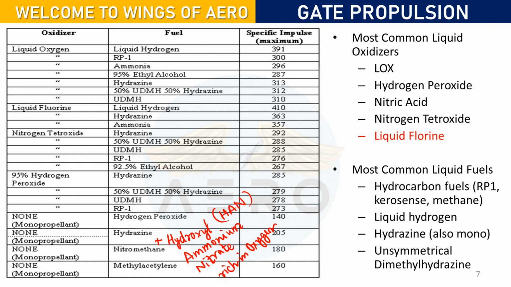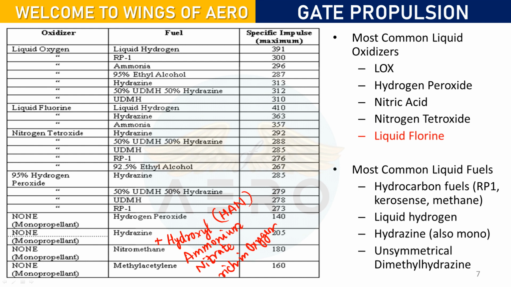If they give nitrogen tetroxide, whether it is an oxidizer or a fuel. If it is hydrogen, whether it is a fuel or an oxidizer, you should know. These are the commonly asked questions.